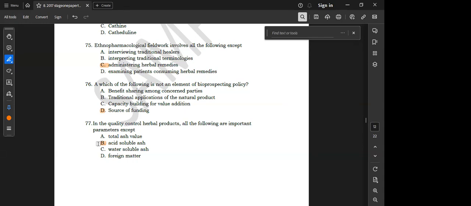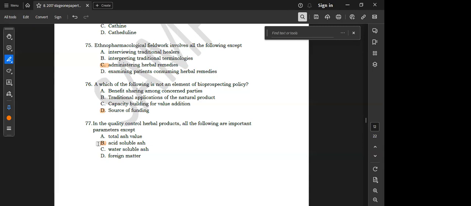No, water soluble first of all. Water soluble ash is the matter where, the moment you've gotten your total ash, you put it in water, dissolve, and then filter.